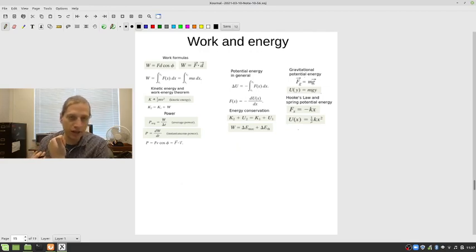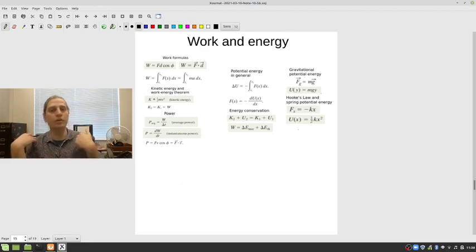If you want to get the object to move faster, you're going to have to put in work. If you want it to go slower, you put in negative work. And the picture that we have is that the amount of work done on an object gives you how much its kinetic energy changes.